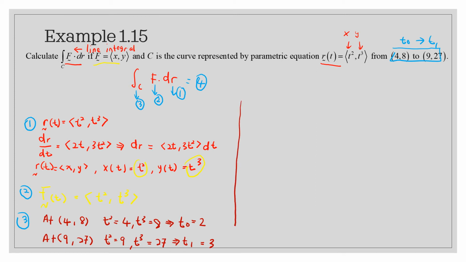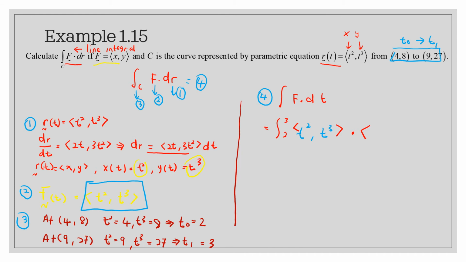For the fourth step, we need to integrate. So we integrate using the formula of line integral. So we integrate from 2 to 3. Just substitute F, where F here is (t squared, t cubed) dot dr. dr here equal to (2t, 3t squared) dt.